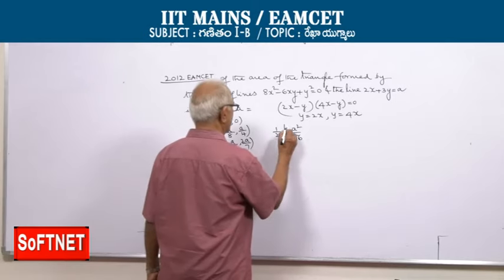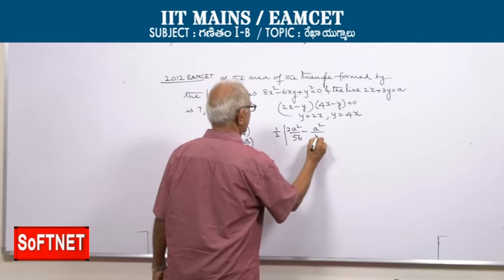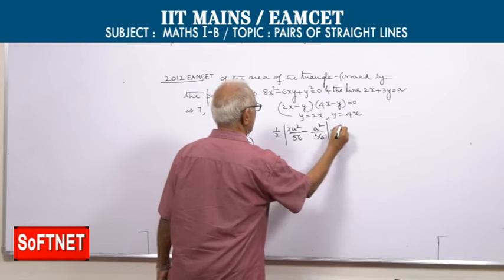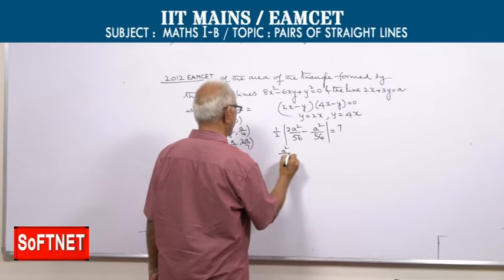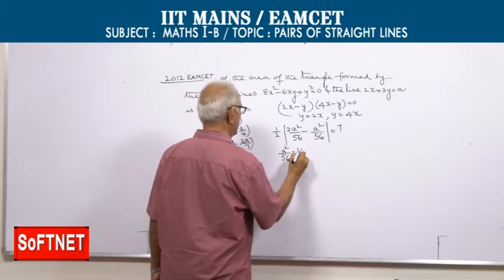So, 2a square by 56 minus a square by 56, that is equal to 7, or a square by 56 equal to 14.